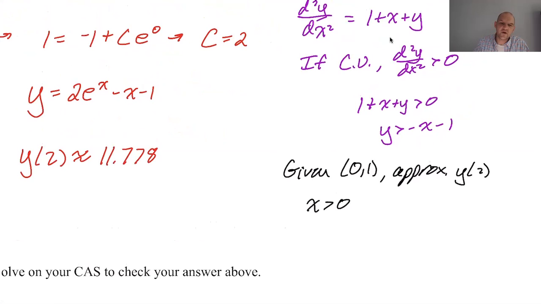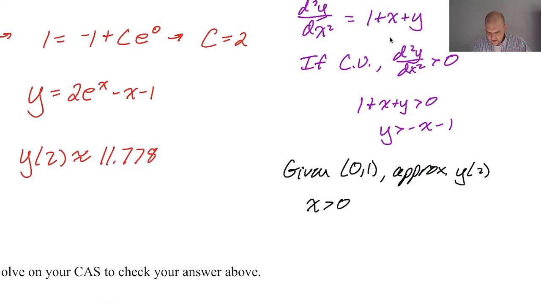So if x is greater than 0, how are we guaranteed that we're above negative x minus 1? So x is 0, y is 1 already, and then x is going to increase, so x is positive. And then, do we just know that y is positive for some reason?